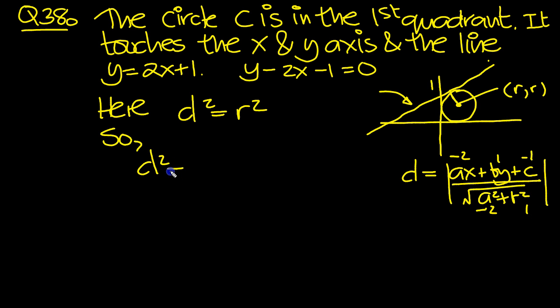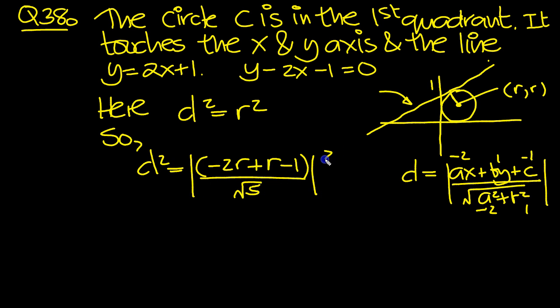d squared is equal to, so square the top, which is minus 2r, plus 1 lot of r, because the xy coordinate is (r, r), minus 1, over minus 2 squared is 4, plus 1, so it's root 5, and then this is the modulus squared, isn't it?